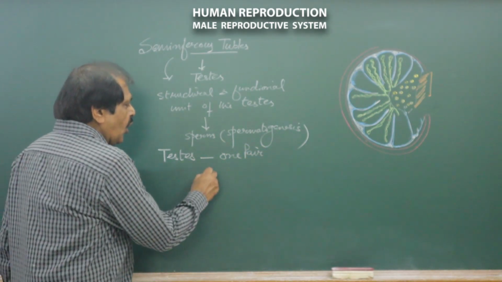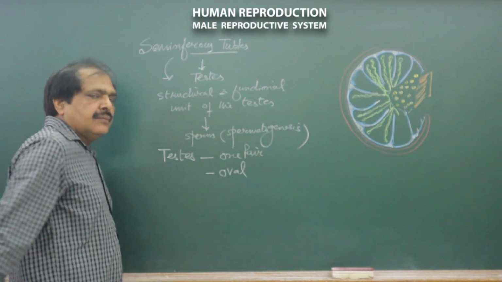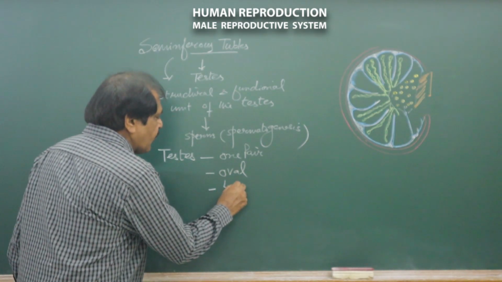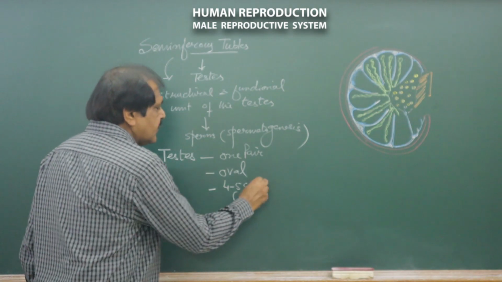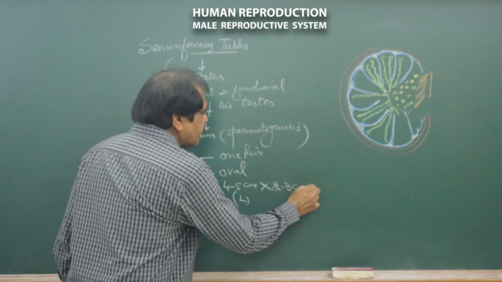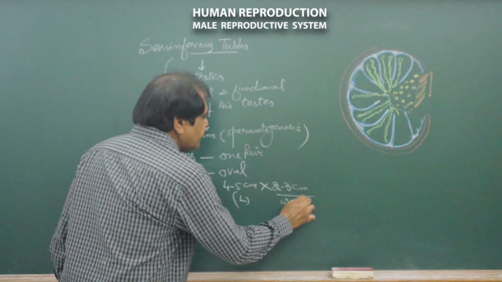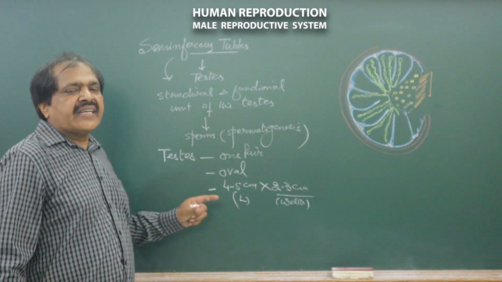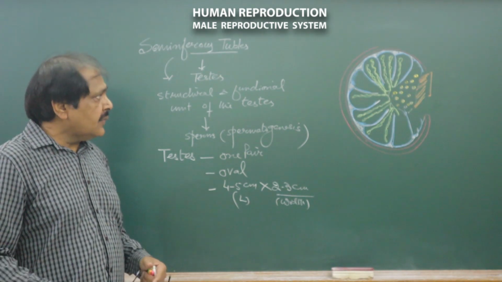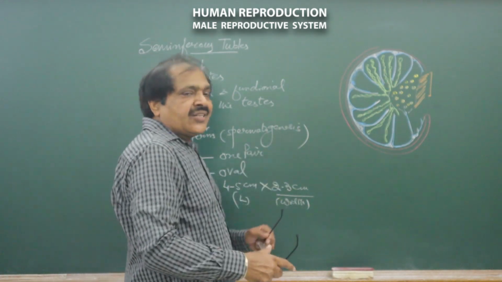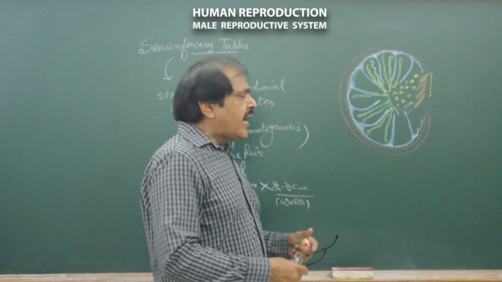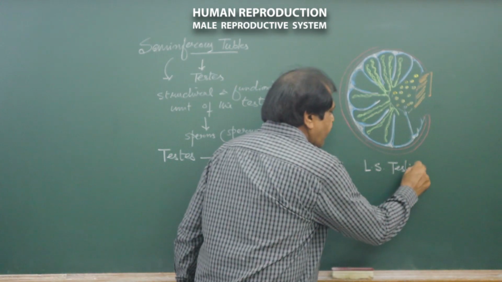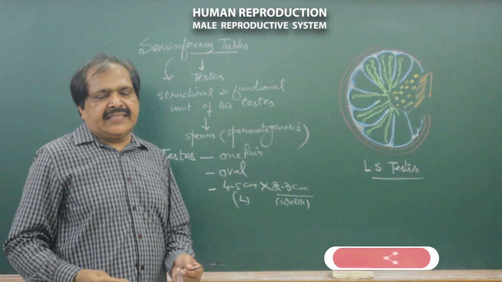Each testis is an oval structure, 4 to 5 centimeter in length and 2 to 3 centimeter in width. And these are present in the two scrotal sacs. Now this is the structure which I have drawn. It is the LS of testis, the longitudinal section of the testis.